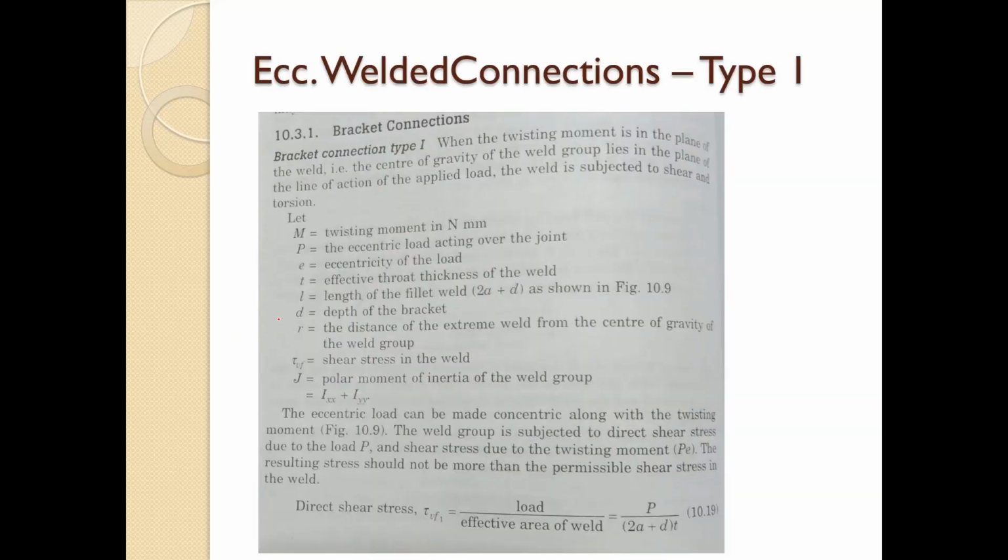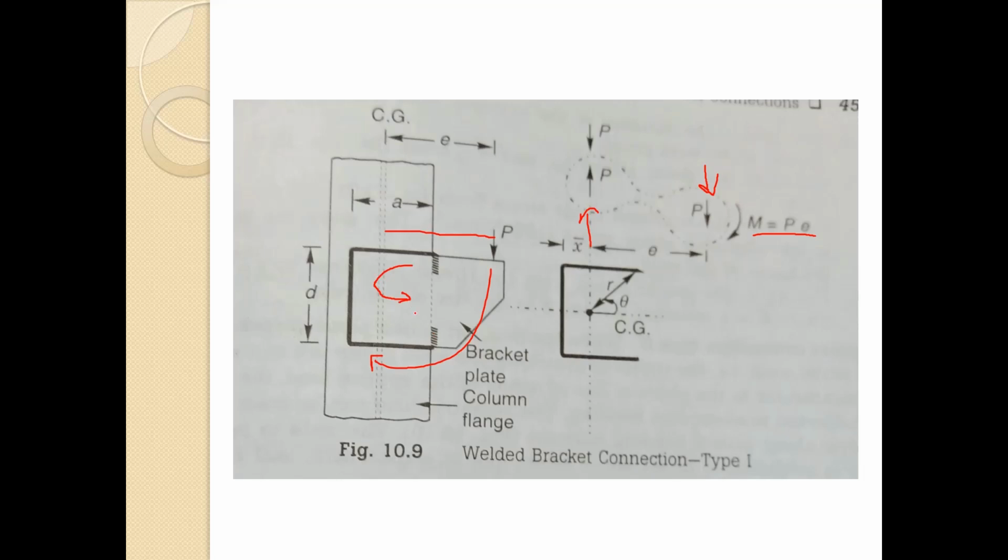Then D is the depth of the bracket. R is the distance of the extreme weld from the center of gravity of the weld group. Here you can see we have this weld group. The weld starts from here and ends up to here. So this is the CG of this weld group in the XX direction, and this should be at the center.